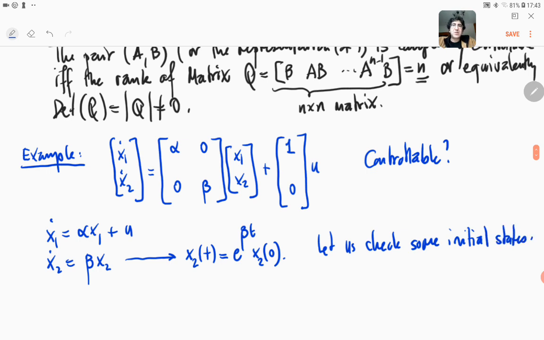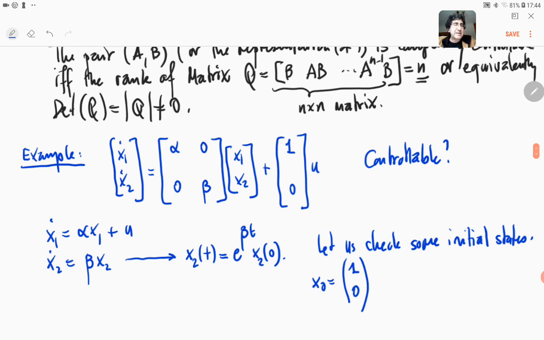Okay, now let's check some initial states. Let's say that x0 is equal to 1 and 0. So the initial state for x1 is equal to 1, and the initial state for x2 is 0.